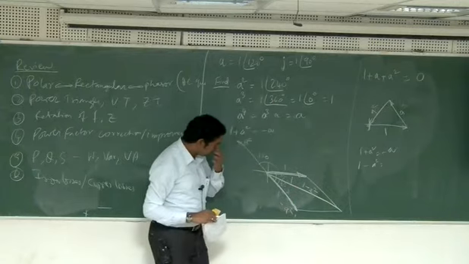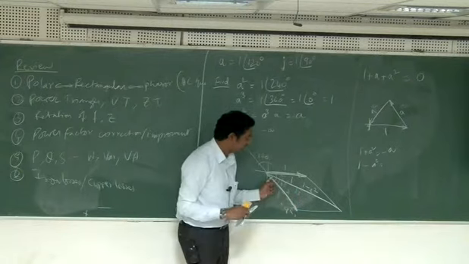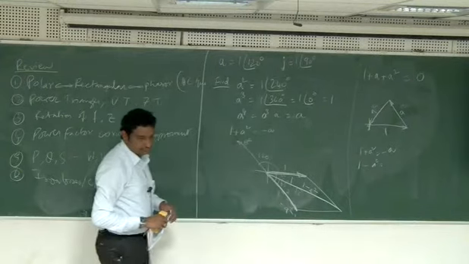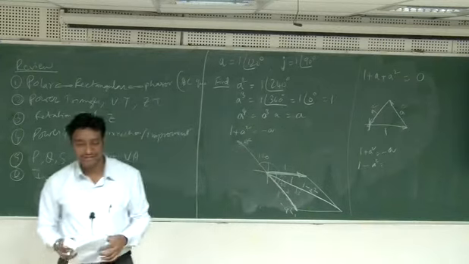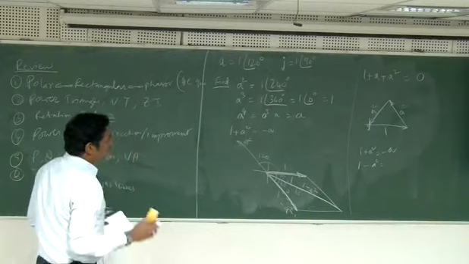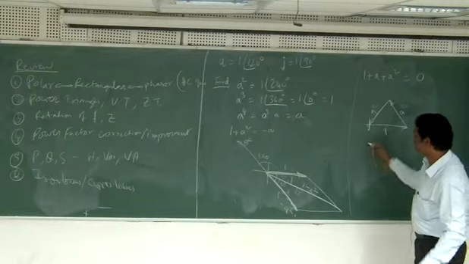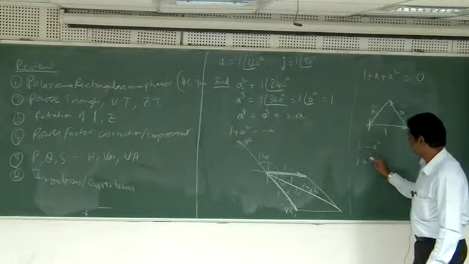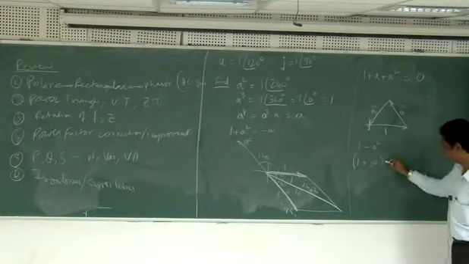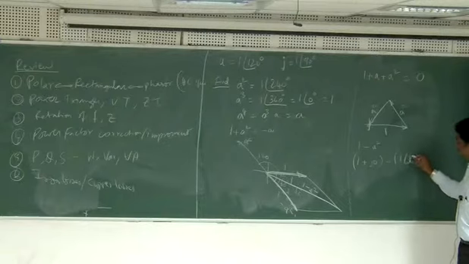If you just solve it, the length will be root 3, and the angle will be minus 30. I am not doing that, just to save time. Or you can convert: our objective is to find 1 minus A square. This is 1 plus j0, and A square is at 240 degrees.